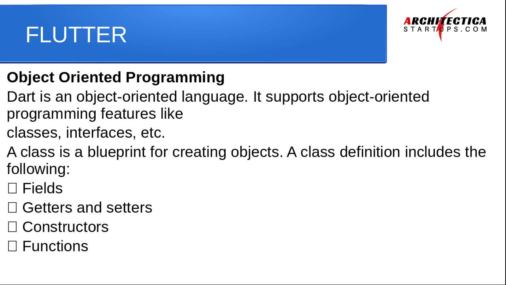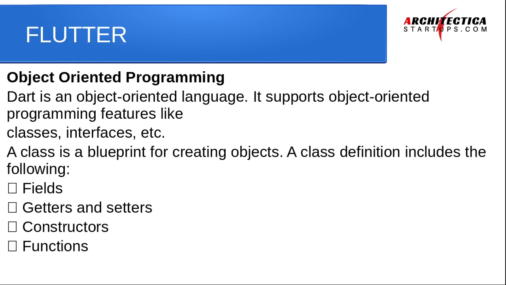So a class definition includes the following: fields, properties, getters and setters. We need to set the property, like if we have the name Rahul, we need to set the property with the name Rahul. Constructors are the way we initiate the object of the class.